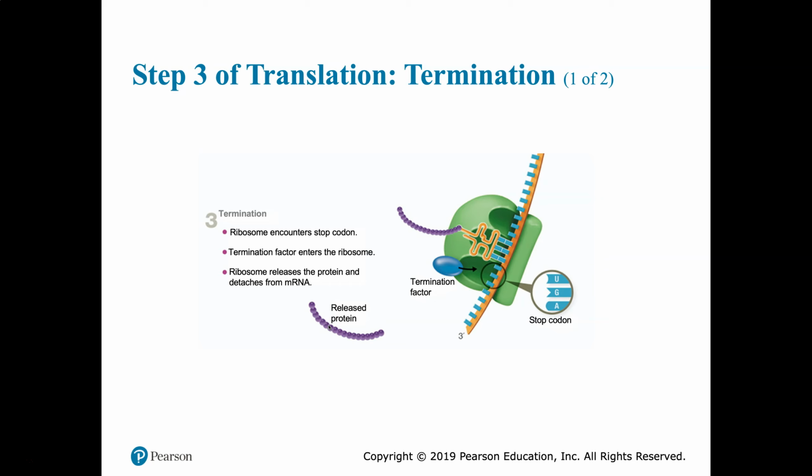Proteins have to fold into a very specific shape in order to be functional. If they do not fold into that shape, then they can't be used. So, this released protein will have to fold into the correct shape in order to become active and functional.